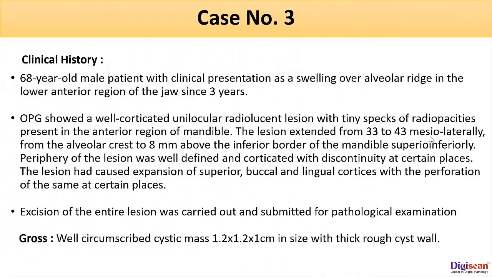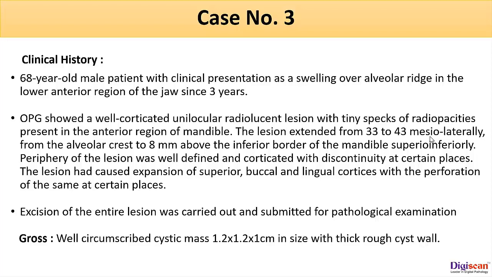Case number 3. This was a 68-year-old male patient who presented with swelling over the alveolar ridge in the lower anterior region of the jaw for 3 years. OPG showed a well corticated unilocular radiolucent lesion with tiny specks of opacities present in the anterior region of the mandible.